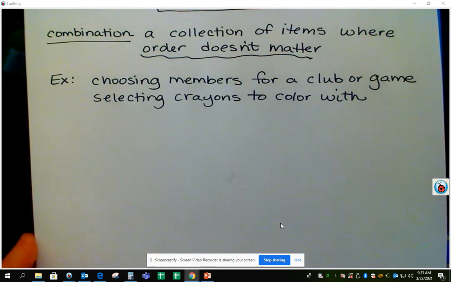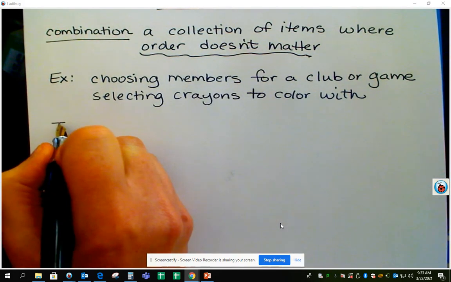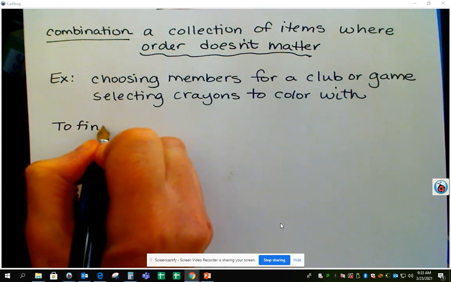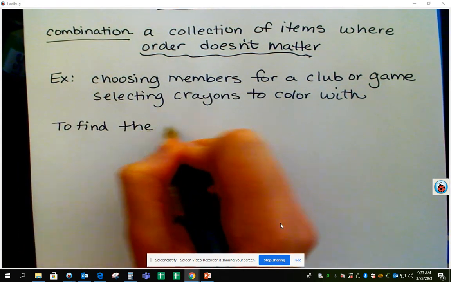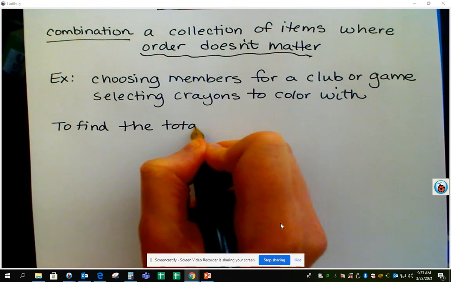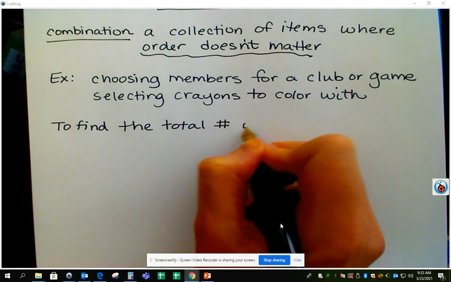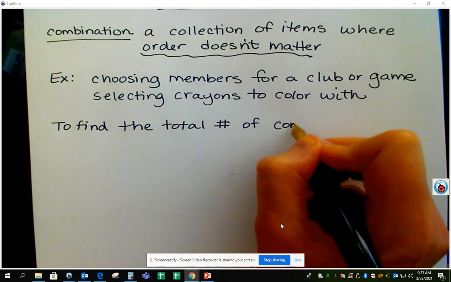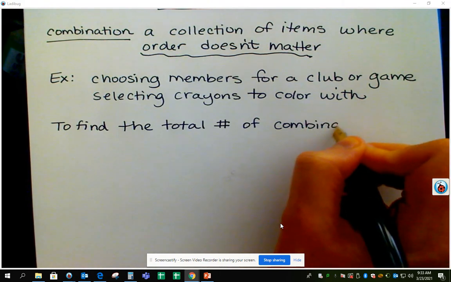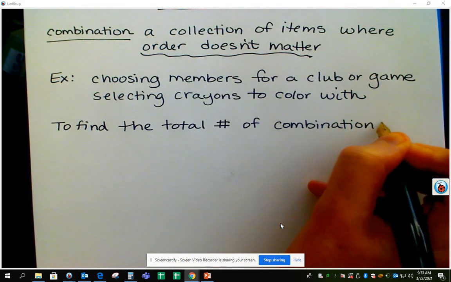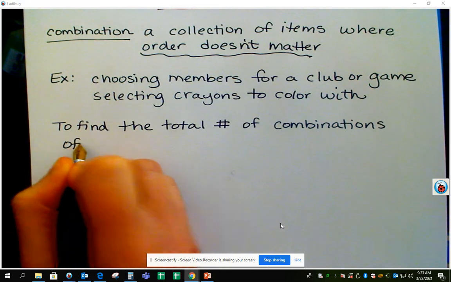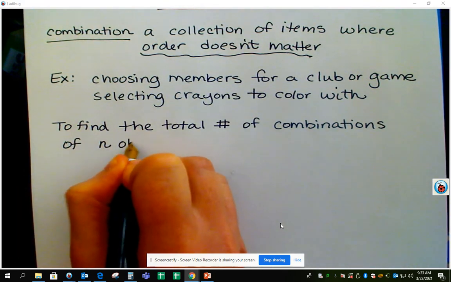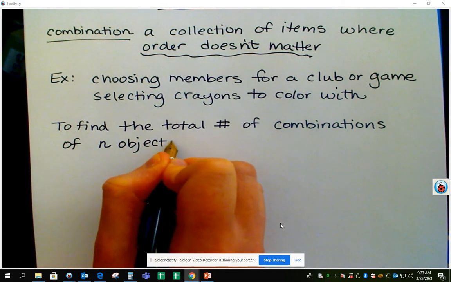Okay, so to find the total number of combinations of n objects, and those are variable because we don't know how many.